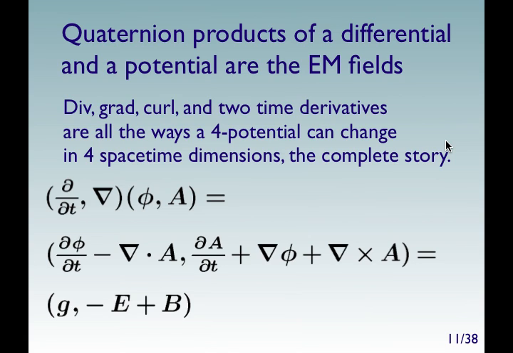And the definition that everybody uses for an electric field is minus dA/dt minus del phi, so we happen to have minus E. And the definition of the B field is just the curl of A. And this scalar part is actually a gauge field.